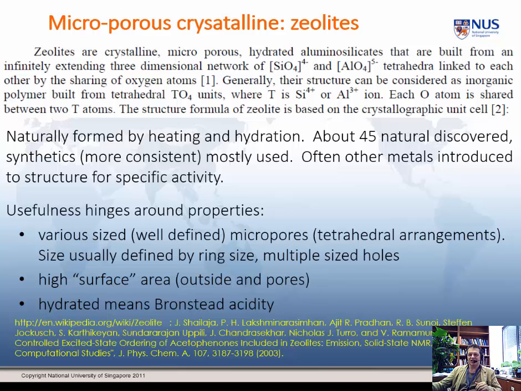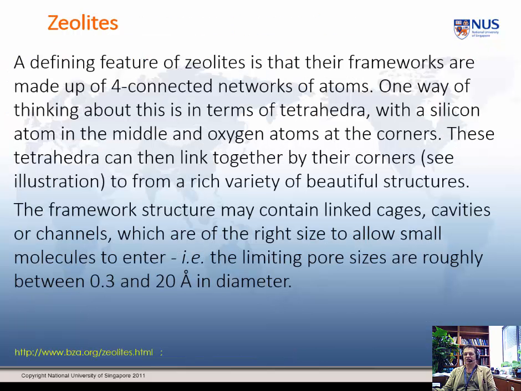There's a high external surface area, and because of all the oxygen, they're actually hydrated. So you have a Bronsted acidity, which is a very important property in terms of the action and way you can use these substances. The defining feature of zeolites is their frameworks are made up of 4 connected networks of atoms.